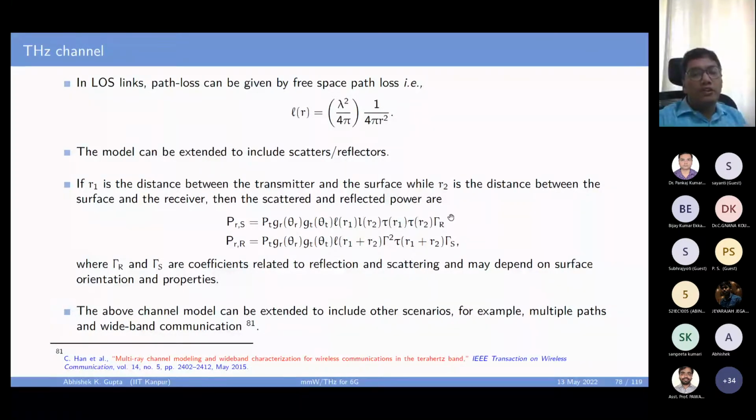So scattered power and reflected power are inherently different. Of course, you can extend this for more complicated scenarios. Here I just tried to give you a very simple analytical model which we can use to do a tractable, simple analysis.